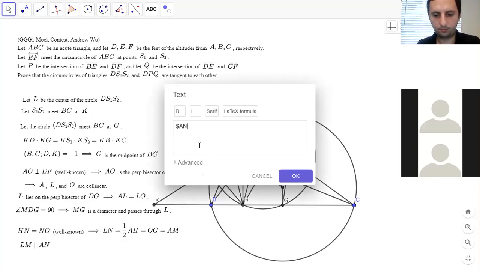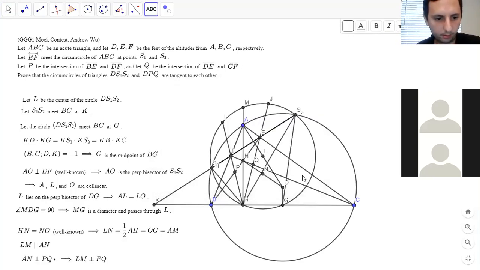So maybe I'll put a star by it. And we also know that M is the midpoint of arc IJ.